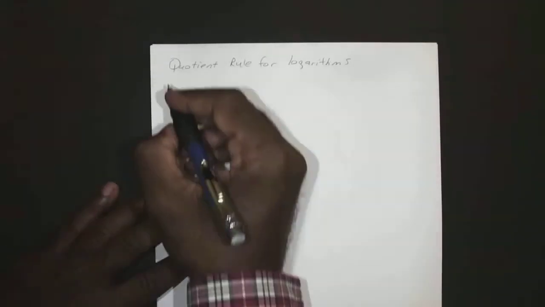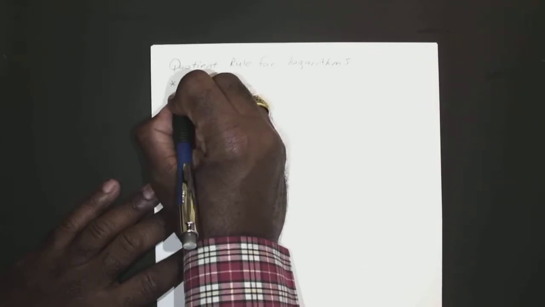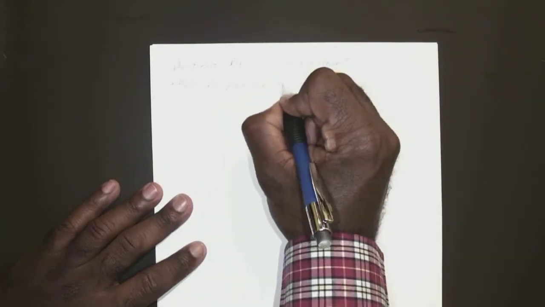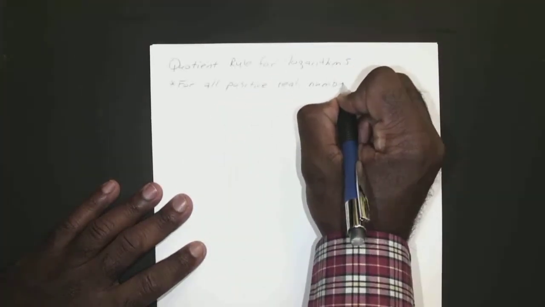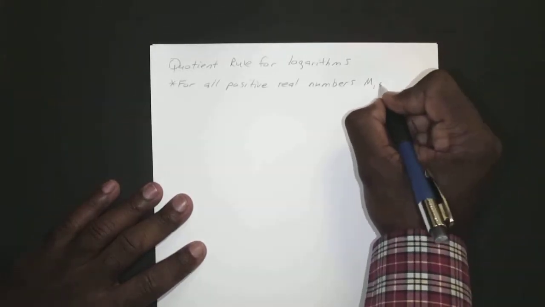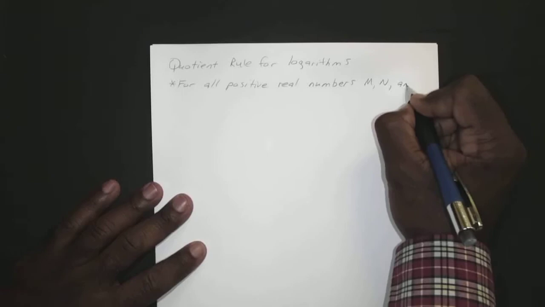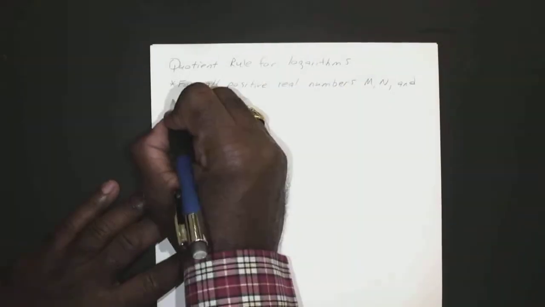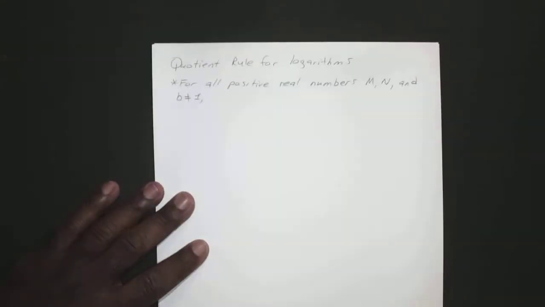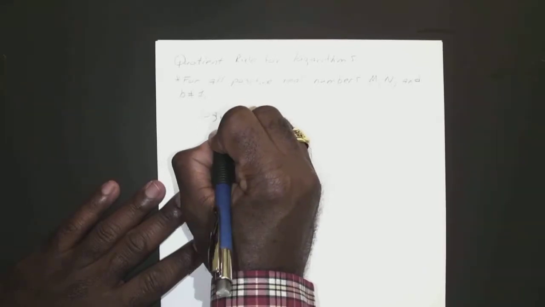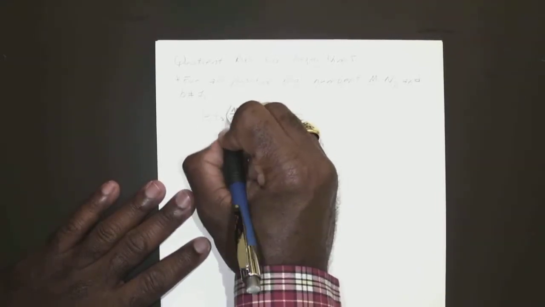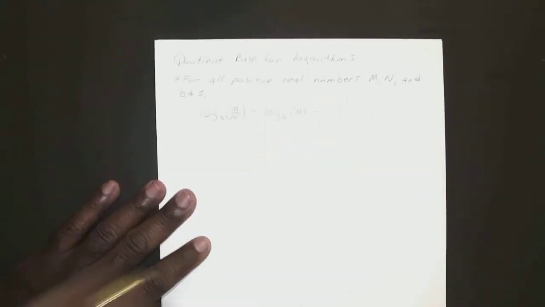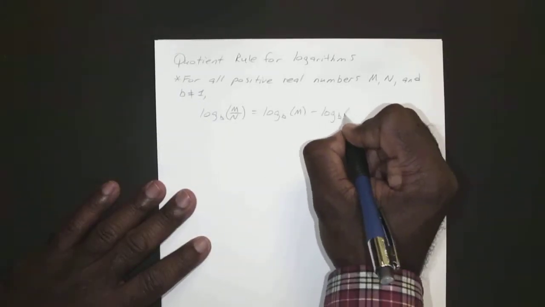So once again, for all positive real numbers m and n, and b doesn't equal 1, log base b of m divided by n is going to equal log base b of m minus log base b of n.